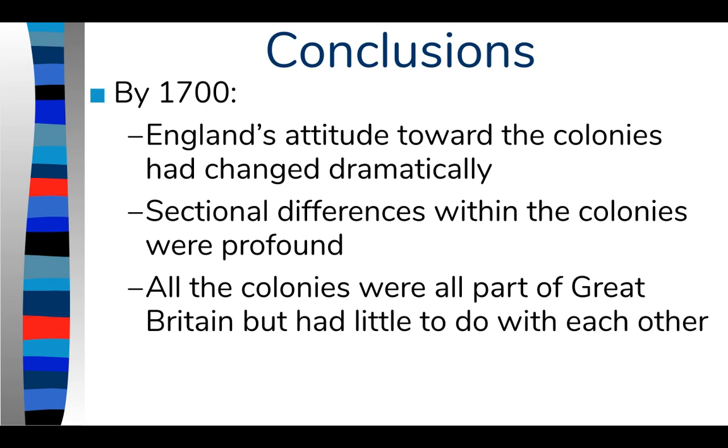I mean, they mostly came from England, but other than that, they don't really have that many similarities. So it's going to be really interesting when certain conflicts come up in a second. But just keep in mind, England has a tighter grip on their colonies. Again, we're not the United States of America yet. We are still England's property. And so they're definitely trying to take advantage of that in a good way. And then the sections are super different from one another.